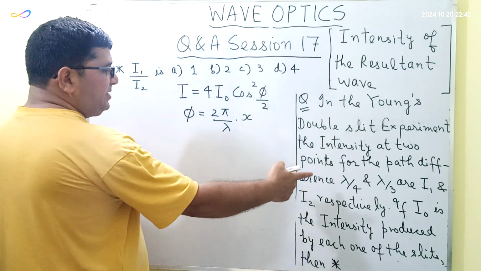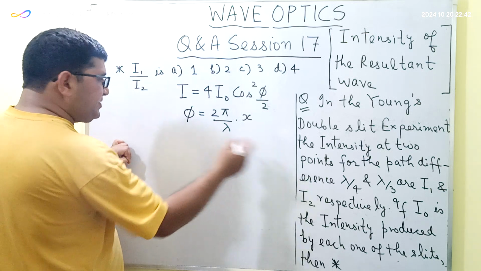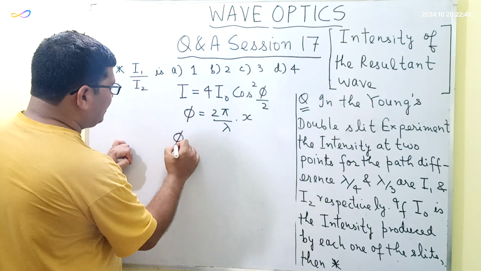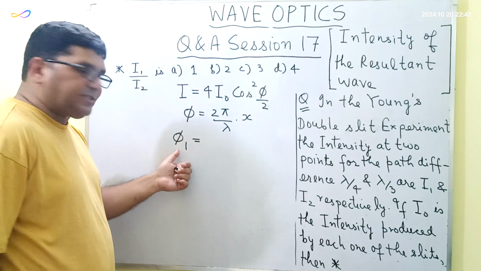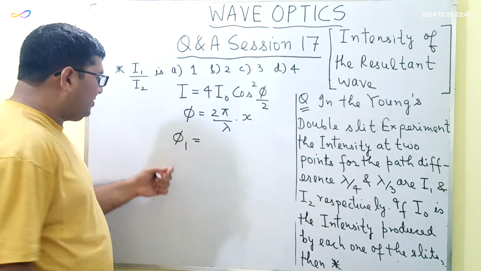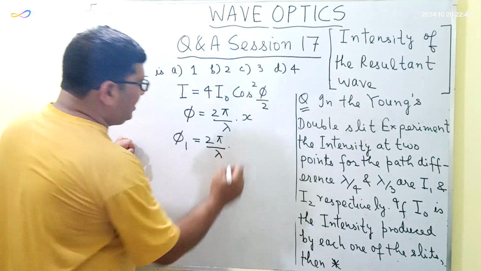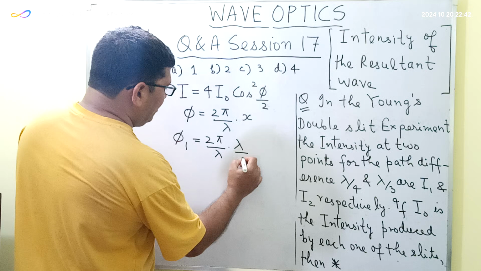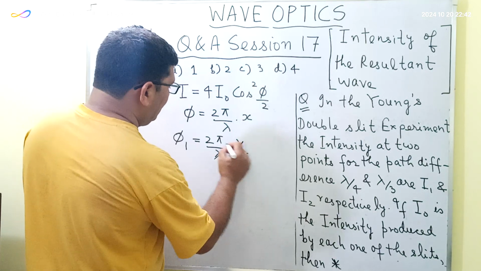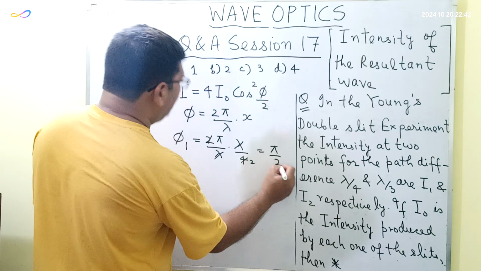In the first case, if I am taking the phase difference as phi 1, then phi 1 will be equal to 2 pi upon lambda into the path difference, which is lambda by 4. So this is equal to pi by 2.